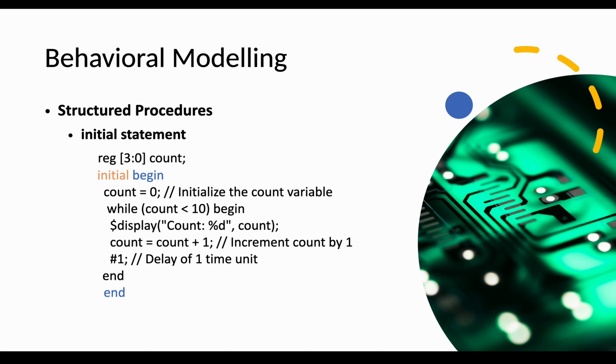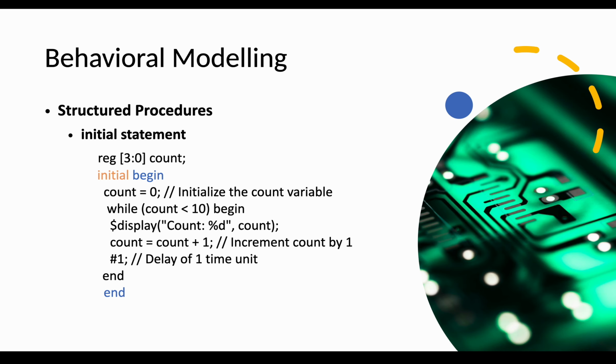I have defined a variable count of register type, 4-bit. Initial: if multiple statements are there in an initial block, we have to use begin and end. So initial begin, I am initializing count to 0, count equal to 0.